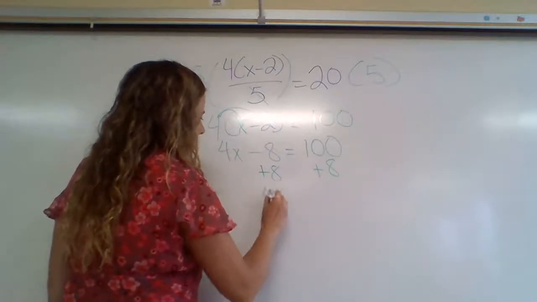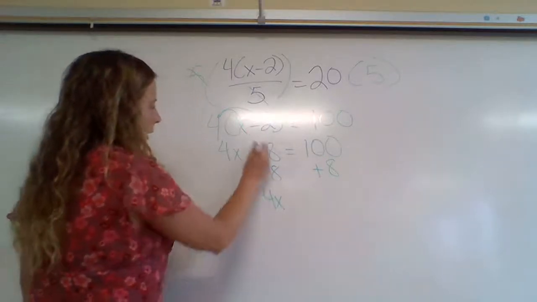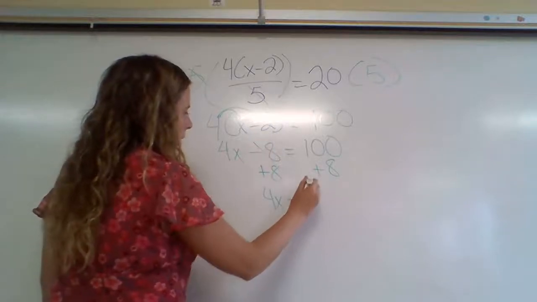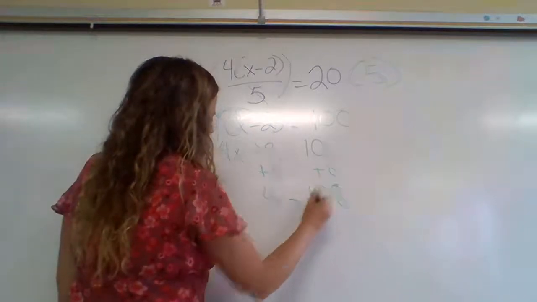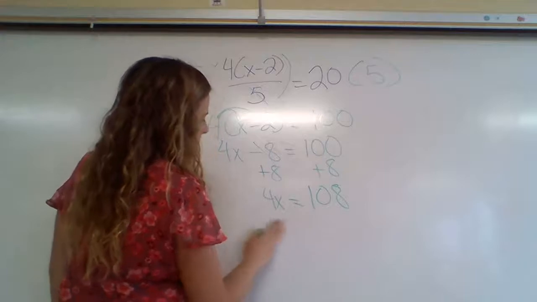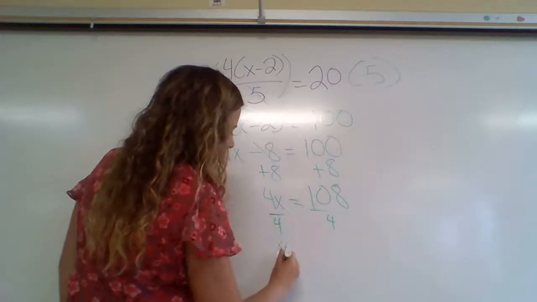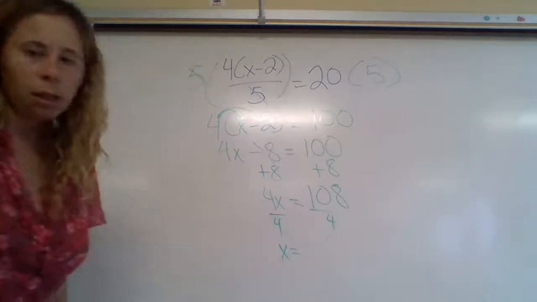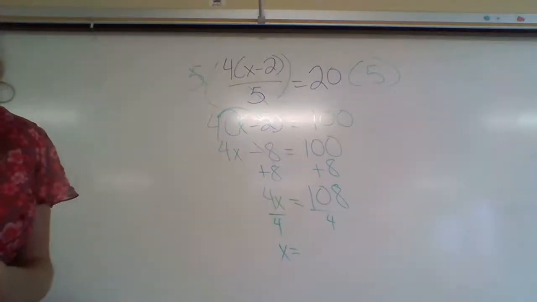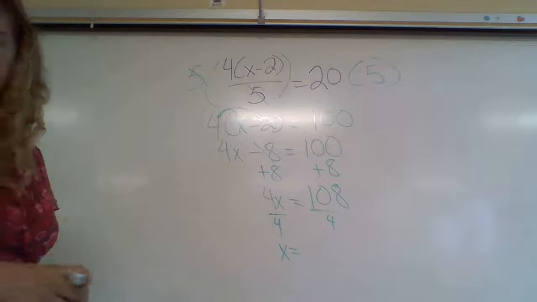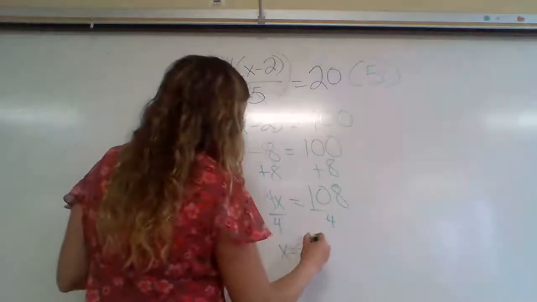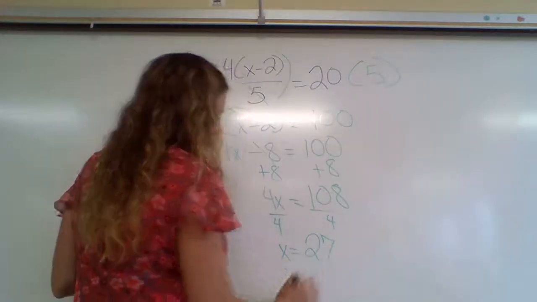You get 4x. Negative 8 plus 8 is just 0. 100 plus 8 is 108. So then, oh, my bad. And then we're going to divide both sides by 4. Can you still see this? Oh, you can. Okay. So then x equals 27.